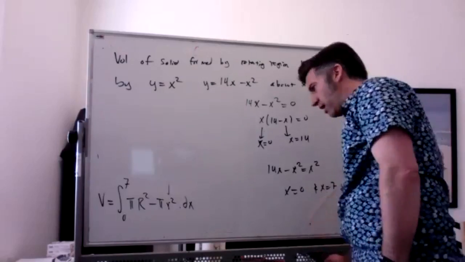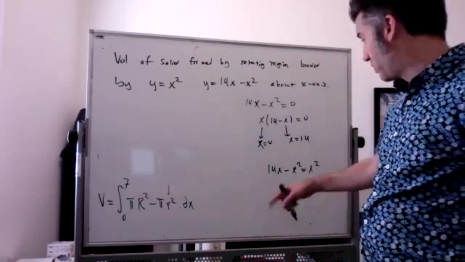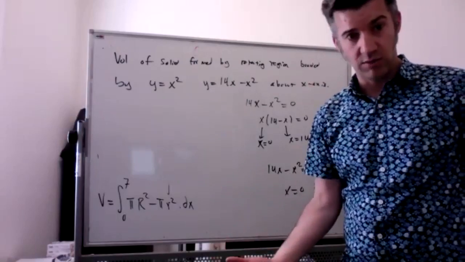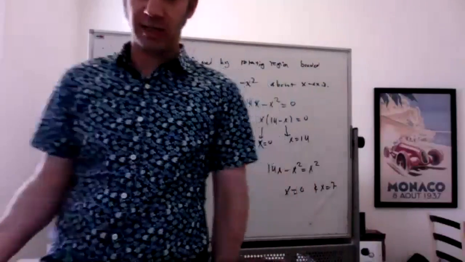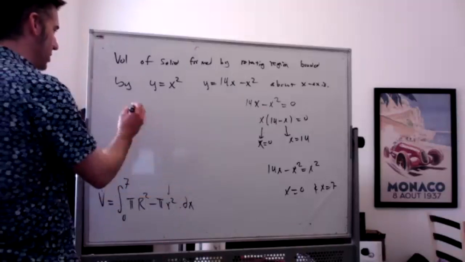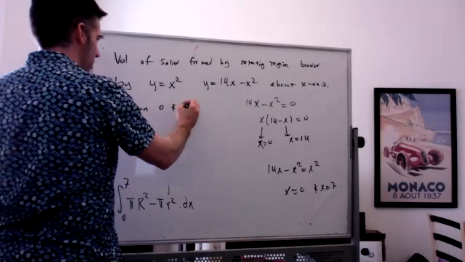Now I want to figure out which one's the bigger one and which one's the smaller one. I just have to figure out, between 0 and 7, which one is further from the axis of rotation, in this case the axis x equal to 0, so figure out which one has the bigger value. So pick any number between 0 and 7. I'm going to pick 3.